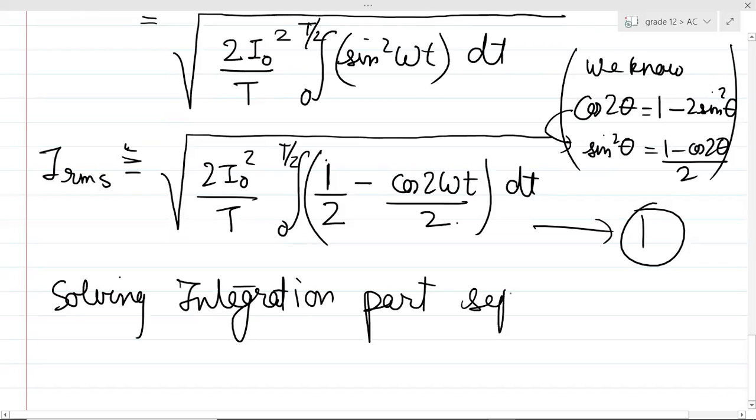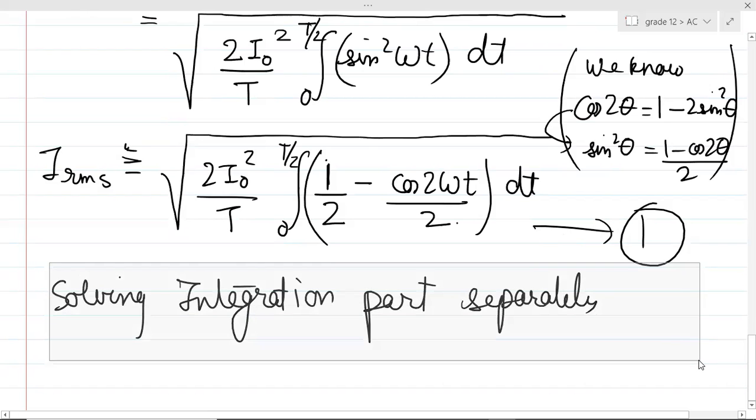Just for clarity purposes only. If you want, I can do it in this only, but let's do it in this only.